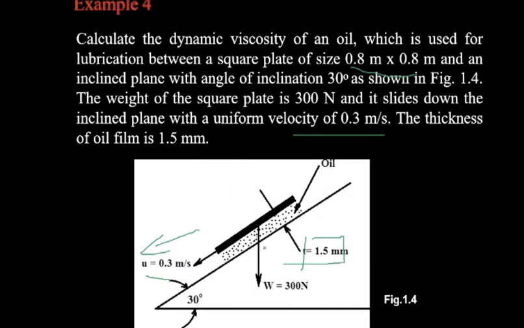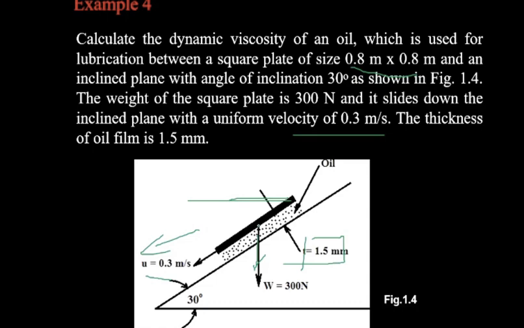So what are the given? Area of the plate 0.8 into 0.8, we will get the area as 0.64 meter square. Then angle of the plane, so inclination theta is 30 degree. Next, weight of the plate 300 Newton. Okay, see here, 300 Newton is given. But this plate is inclined.